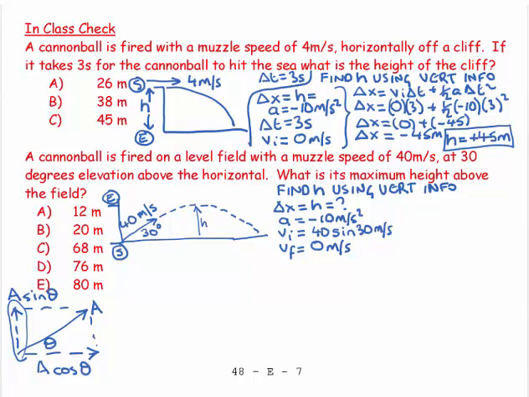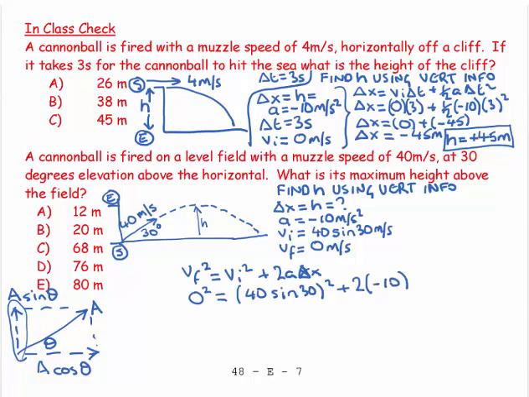I then have VF squared equals VI squared plus 2a delta x. If that didn't come quickly, just practice, you'll get it. And I say 0 squared is equal to 40 sine 30 squared plus 2 times minus 10 times delta x.